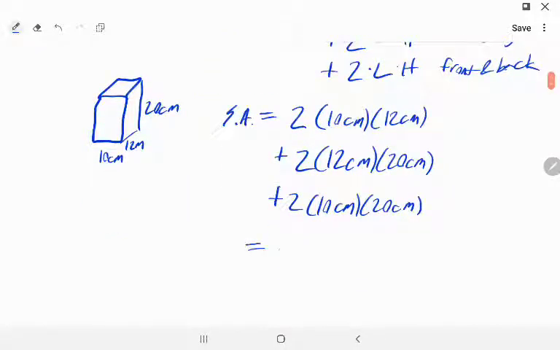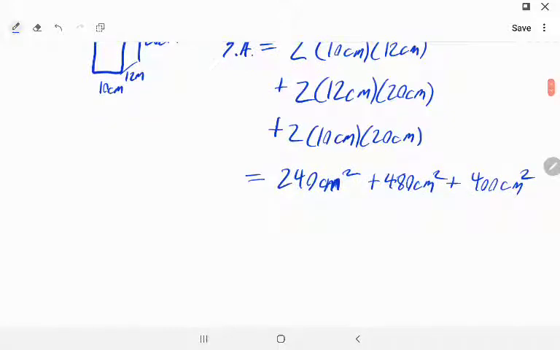And so we get 240 square centimeters plus 480 square centimeters plus 400 square centimeters.